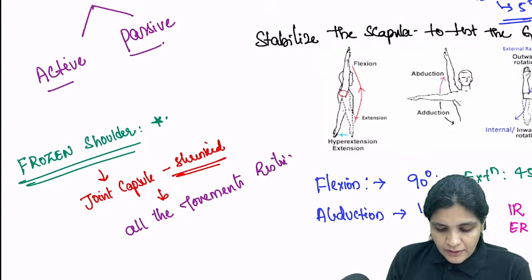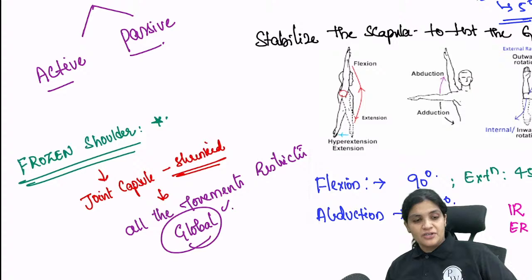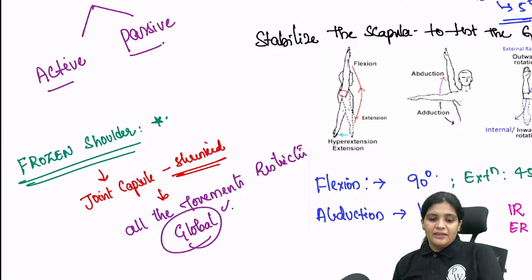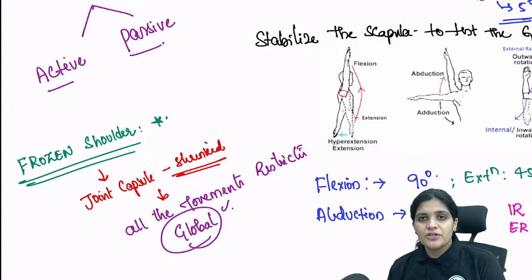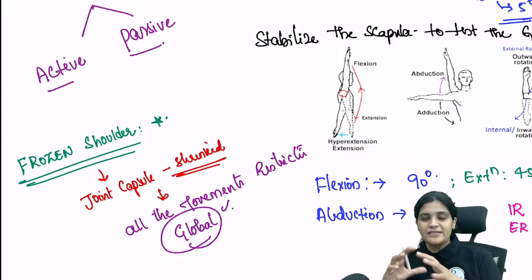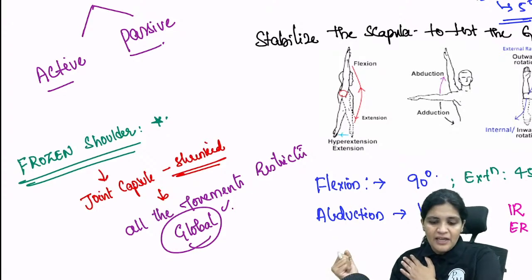This is called global restriction. Global means all the movements. So whenever there is a global restriction of the movements, both active and passive, then you call this frozen shoulder. The shoulder joint is enclosed in a capsule, and that capsule gets shrunk, so the movements cannot occur. So that is the frozen shoulder.